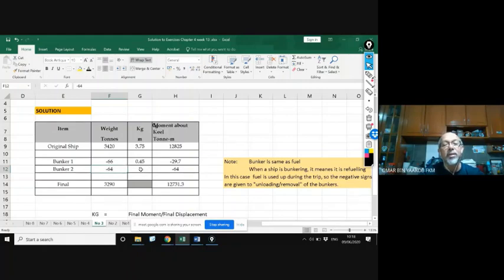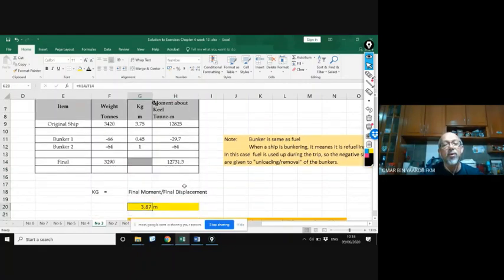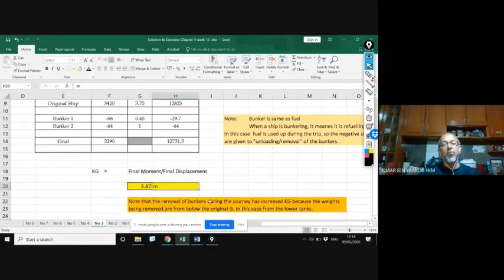At this kg, that's given in the question. So you can get the final weight to be 3,200 and the final moment to be 12,000. So you divide that, you get the final kg of 3.87. So notice that here, the removal of the bunkers during the journey has increased kg, because the weight being removed is from below the original G. This is the original G, 3.75 kg.